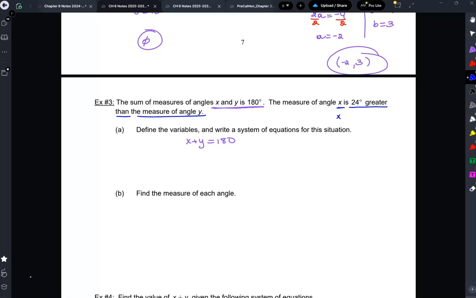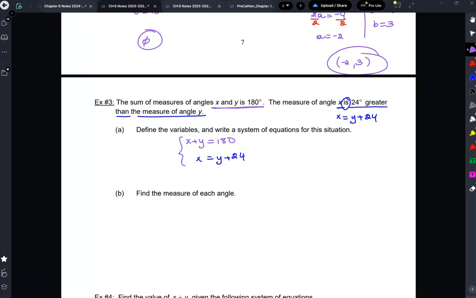So look, here it says x is, what's the mathematical symbol for is? Equals 24 greater than y. That's y plus 24. So I write that here. x equals y plus 24. Now this becomes my system of equations. So when you have 2 variables and you want to solve it, you have to have another equation.